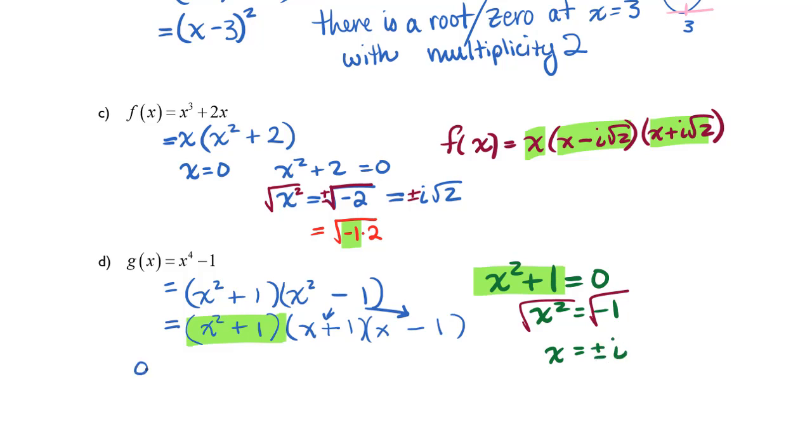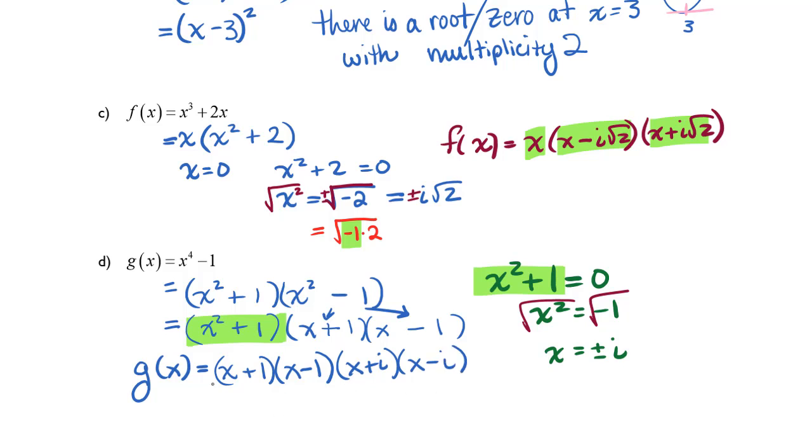If I write the final solution g of x in factored form, I will get exactly 4 roots. I will have an x plus 1, an x minus 1, an x plus i, and an x minus i.